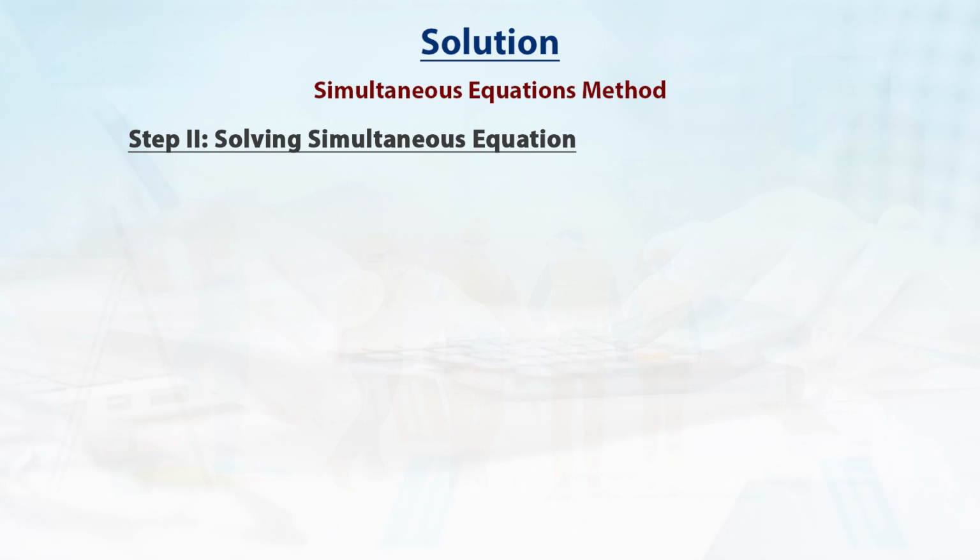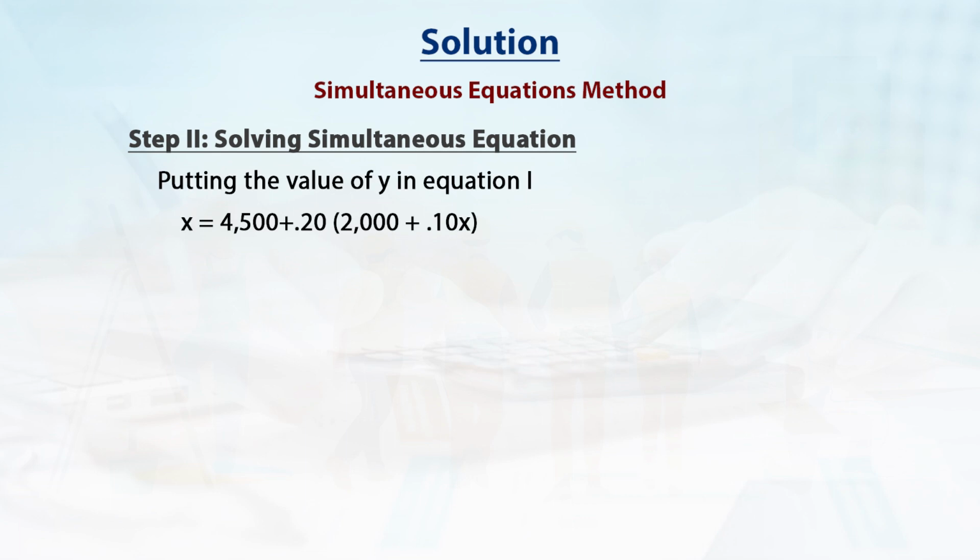Step 2 for solving simultaneous equations: putting the value of Y in equation 1. X is equal to rupees 4500 plus 0.20 into (2000 plus 0.10 X). Therefore, X is equal to 4500 plus 400 plus 0.02 X. Therefore, X minus 0.02 X is equal to 4900.